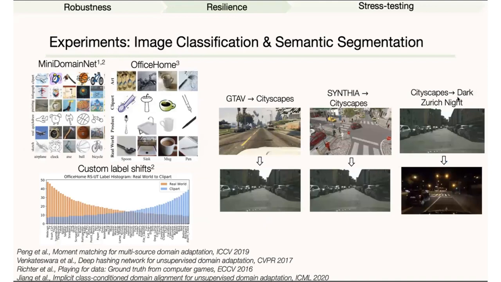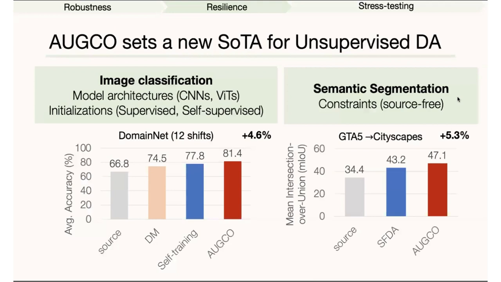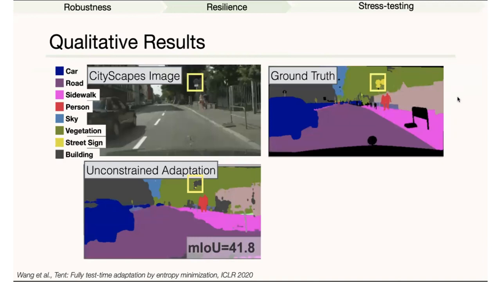Right, so we have results on a bunch of standard data sets and across both tasks, image classification and semantic segmentation, across many different architectures, initializations, and so on. We show pretty strong gains with our method on all the settings that we considered. In terms of qualitative results, on the bottom left is the prediction from an unconstrained self-training method like TENT, right?